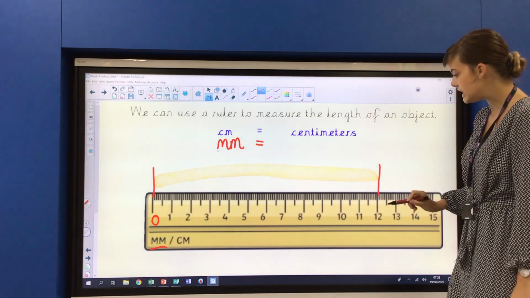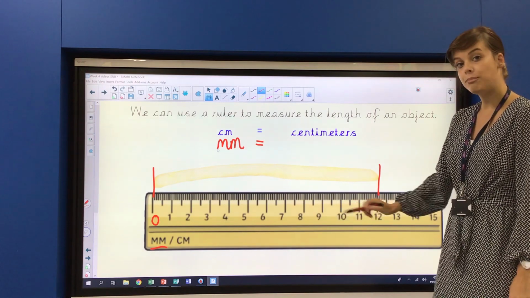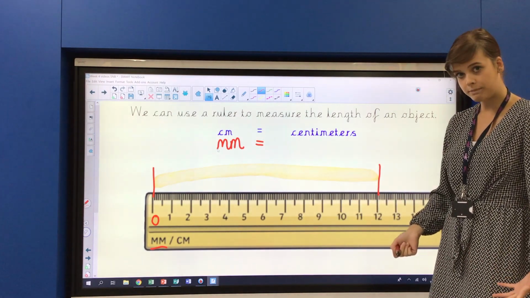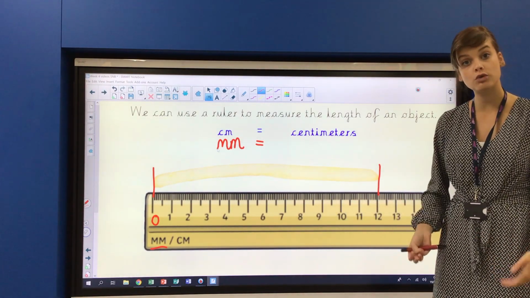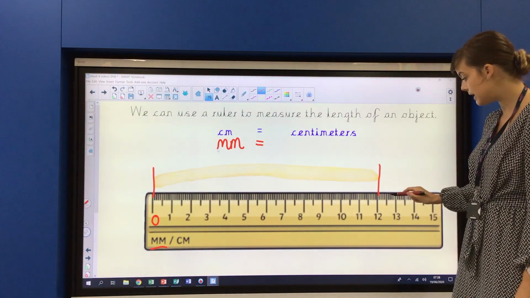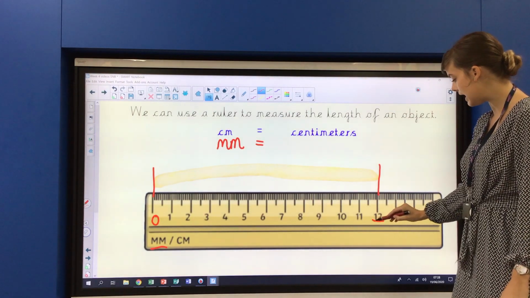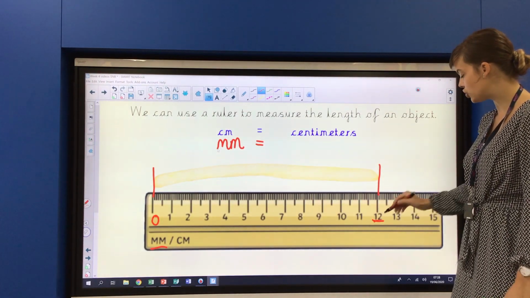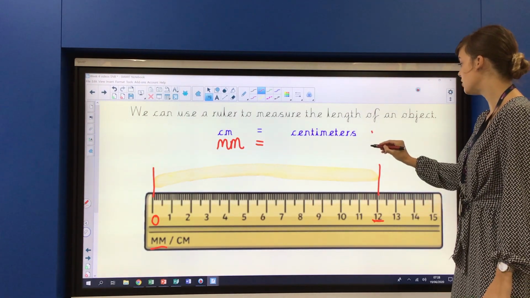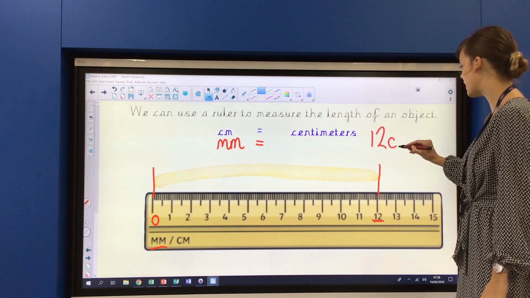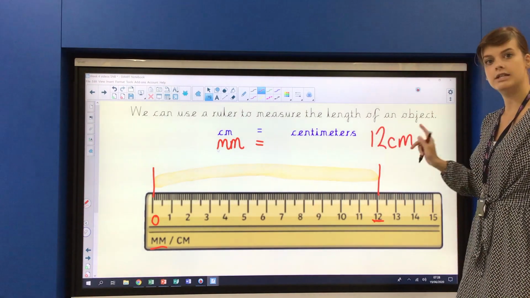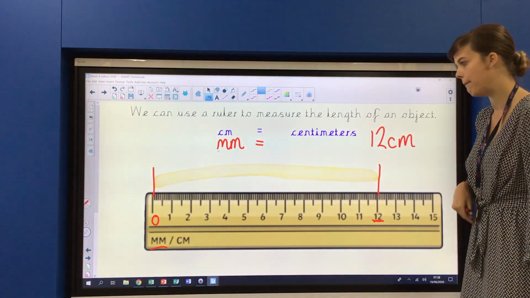So I can read, looking at the bigger numbers, because again that represents the centimetres, and we always look at those first, and it hasn't got any millimetres, so I'm not going to worry about that today, but I can see that my object stops there on that number. So that means that the length of this object is 12 centimetres, and I've remembered to put my cm there too.